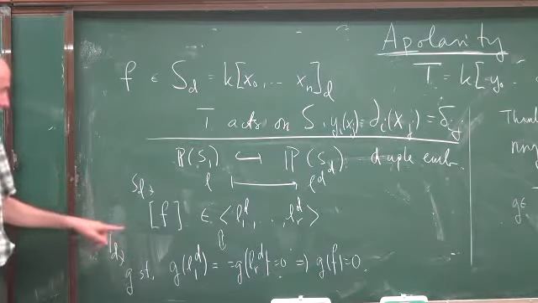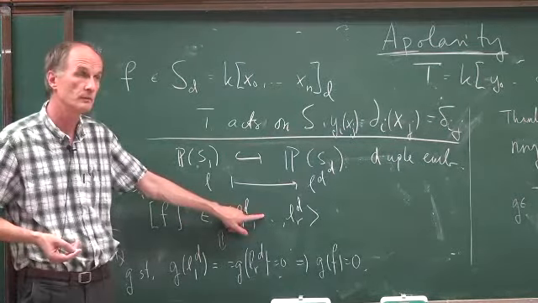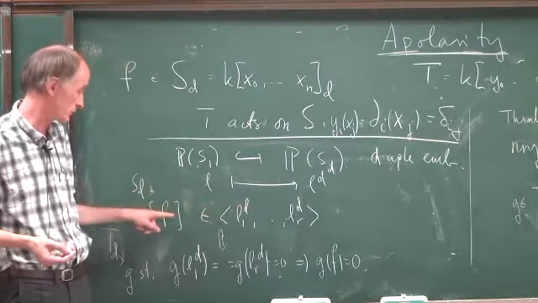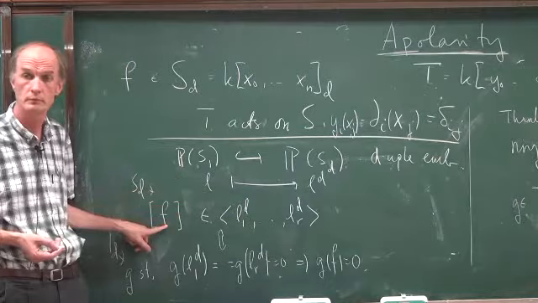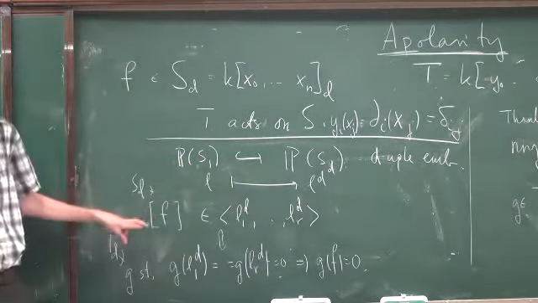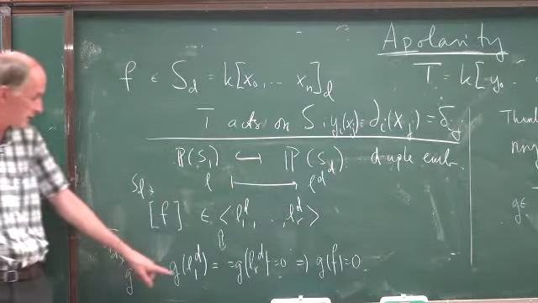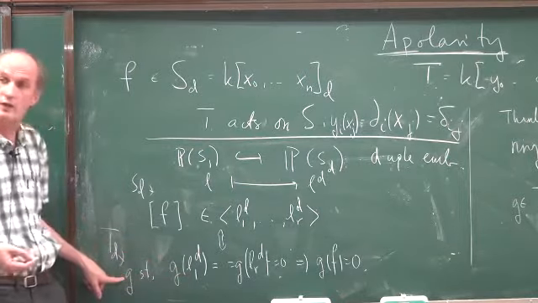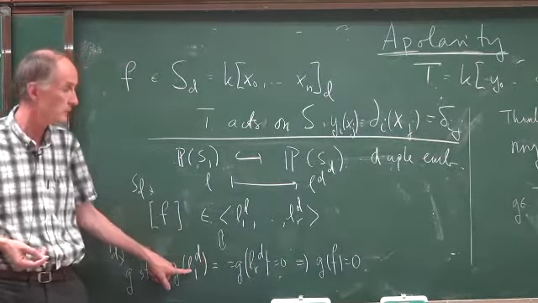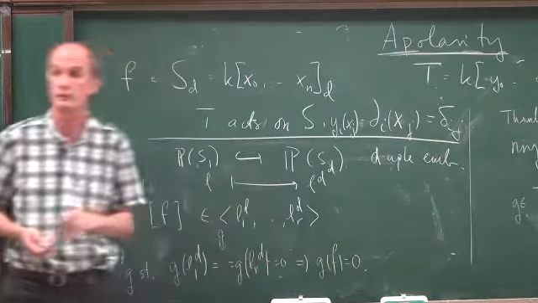So now this point is in the span of these if every hyperplane that contains all of those also contains this one. That's exactly what I need, right? And here I see this is a hyperplane that contains all of these. It should also contain this one. Those two things are equivalent.